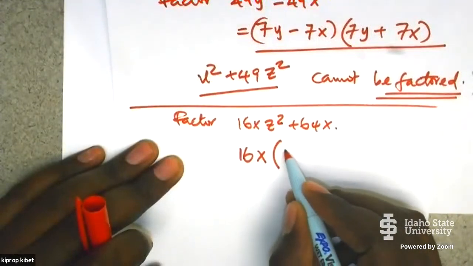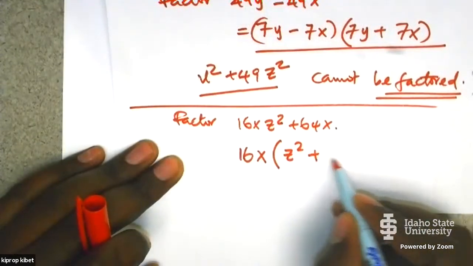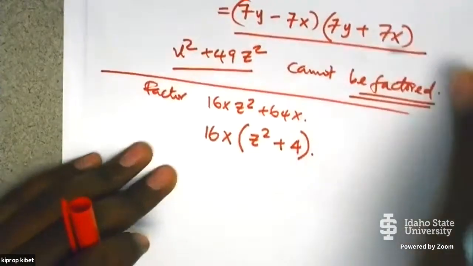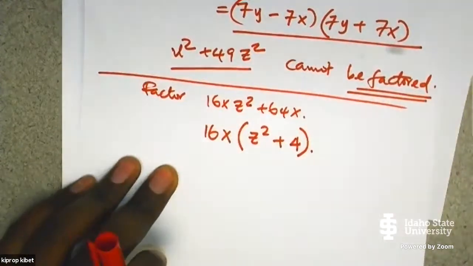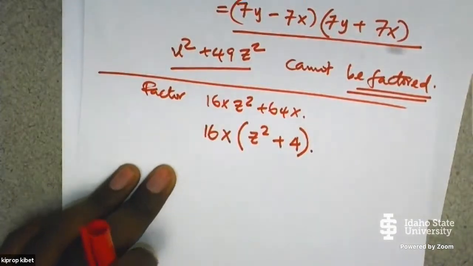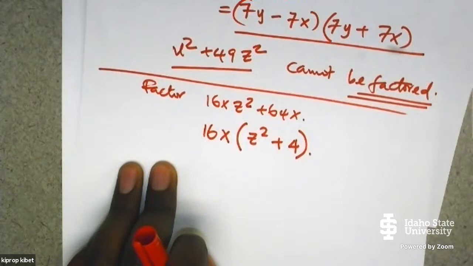What remains inside is z squared plus 4. So z squared plus 4. Are we together?